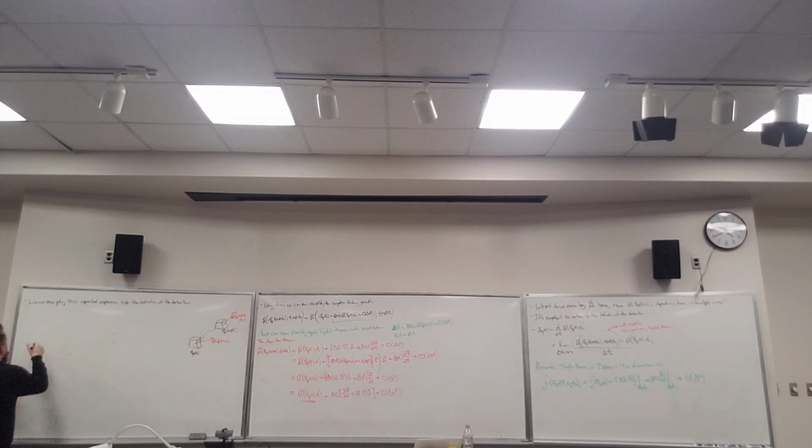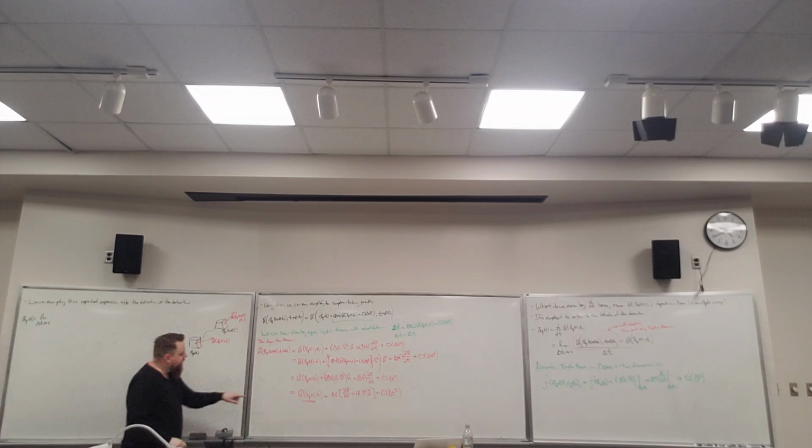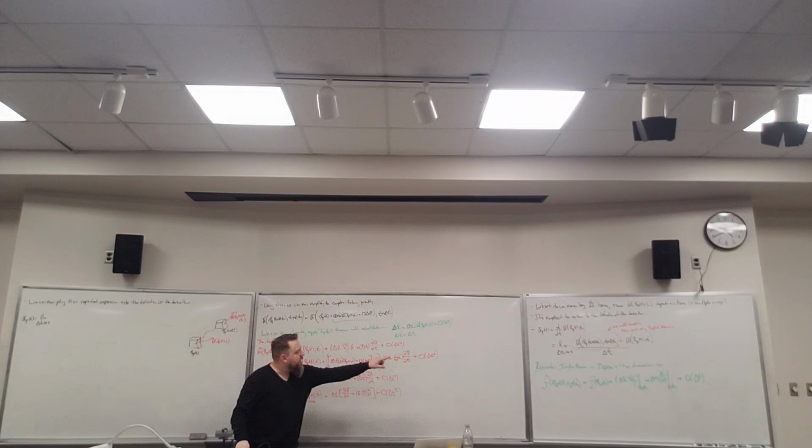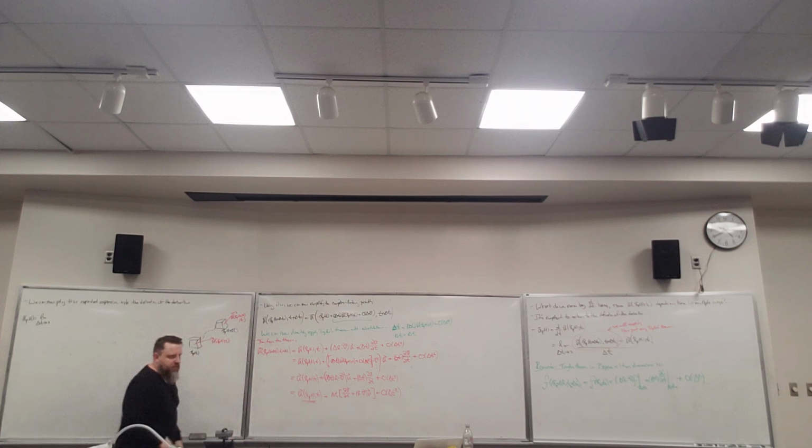And so what we get here is, just rewriting the definition of the derivative, this equals the limit as delta t goes to 0. And this long expression is what we can plug in for what's circled on the right-hand side there.